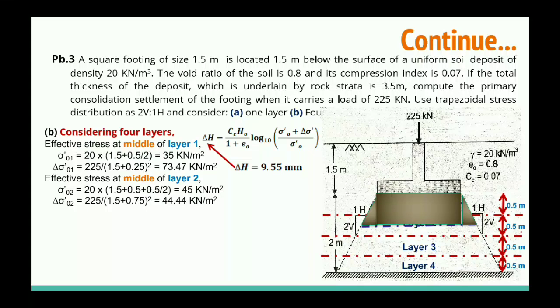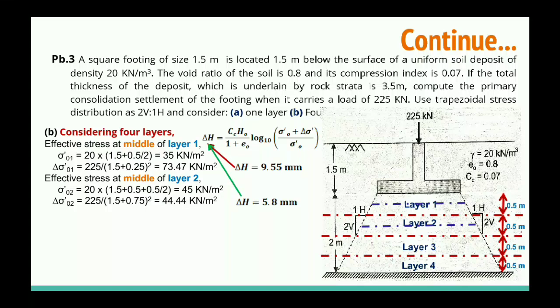By using all the widths and heights, we can calculate the change in the effective stress. Now we have the change in the effective stress and the initial effective stress for layer 2, so we can calculate the settlement for layer 2 using this formula. By using this formula we get this result, 5.8 mm.